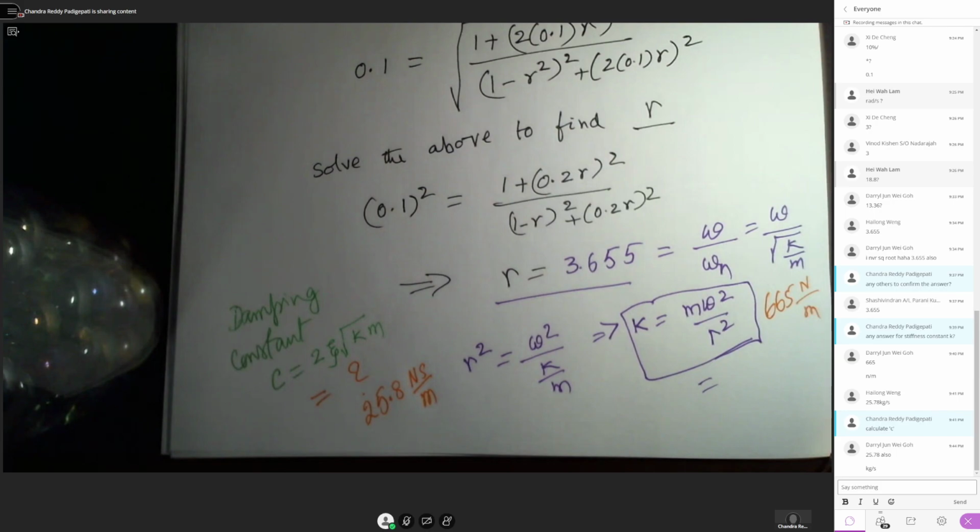So generally we expect the damping ratio to be on the lower side. So choosing a value of 0.1 is logical for this type of problems. All right, so this will be the complete solution for this question. Any doubts?